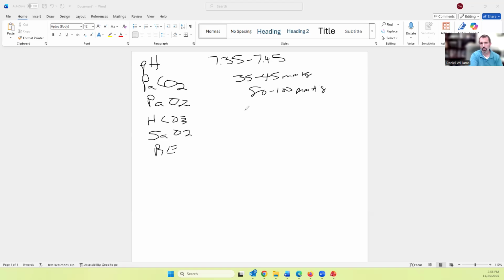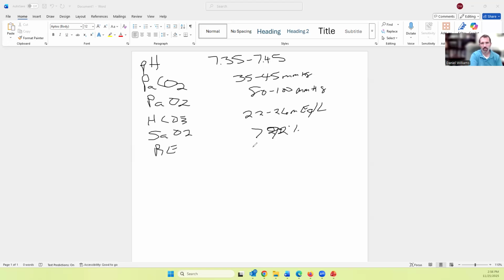Bicarb, your HCO3, normal is going to be 22 to 26 milliequivalents per liter. You may also see millimoles used there. SaO2, really anywhere above 92%. Whoops, writing my numbers backwards. 92%.